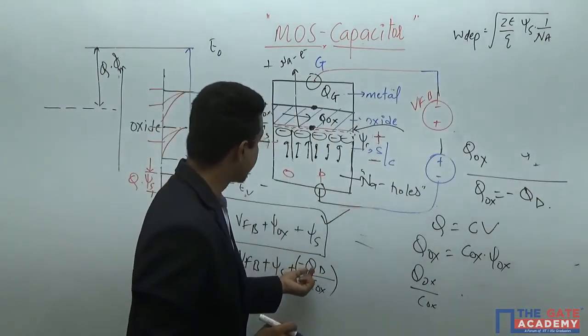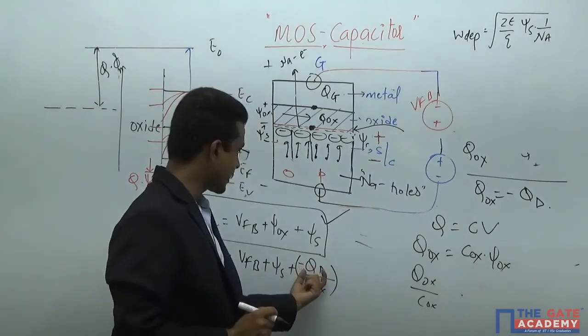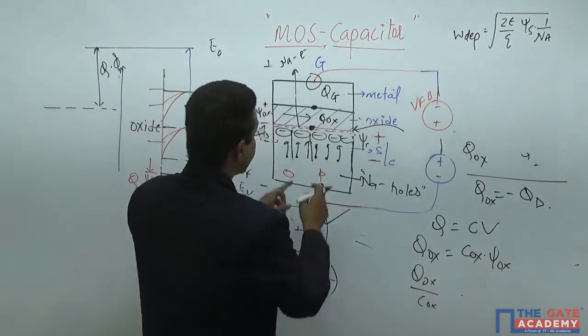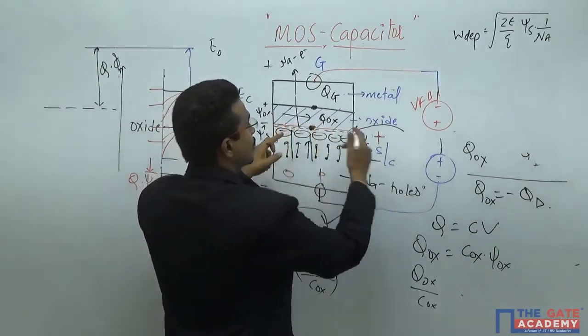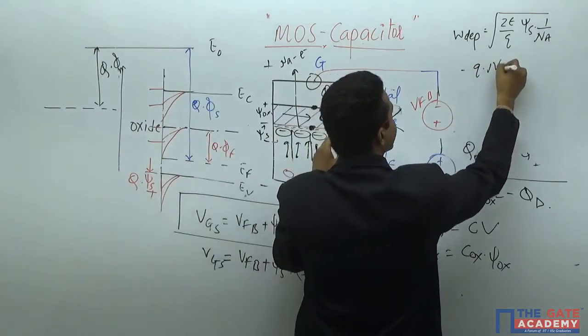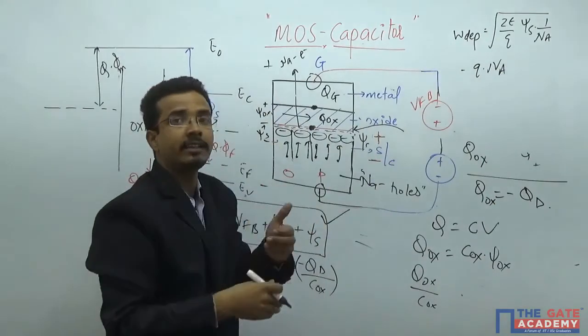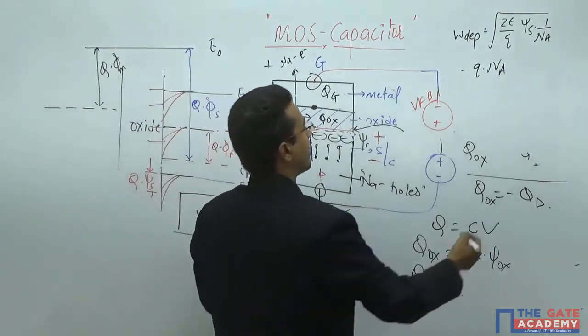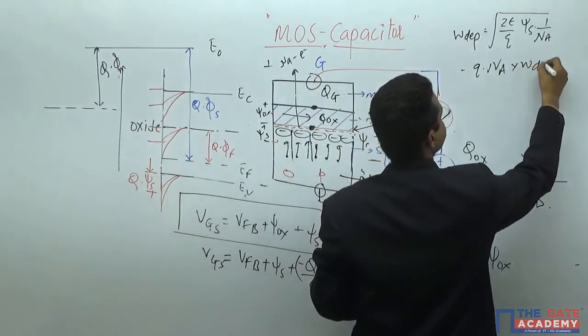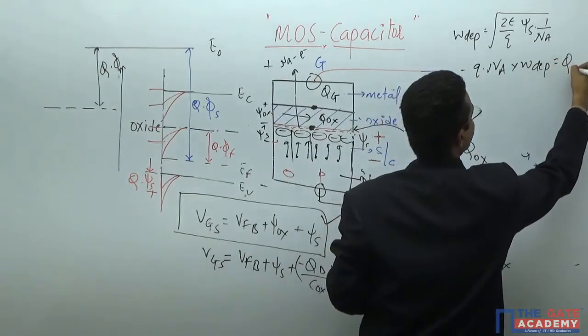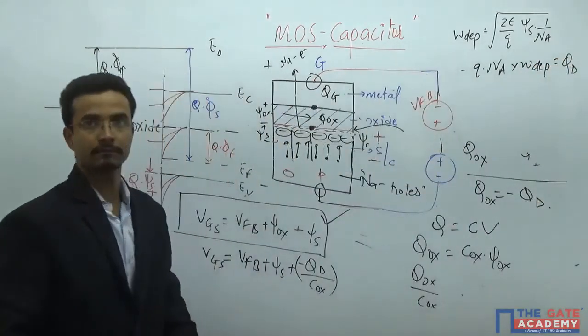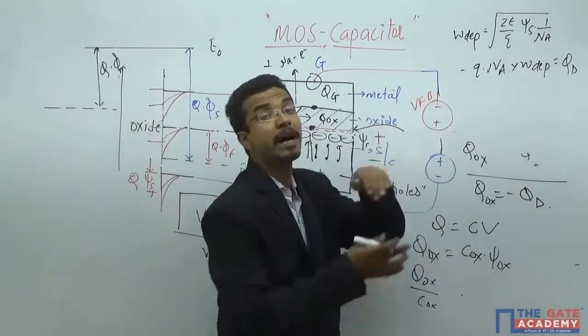Now, if I am interested in the total charge, what will I do? These are the acceptor charges, so minus QNA. This is the charge density on this side. If you are interested in the charge per unit area, you multiply by W dep, and then this becomes QD.